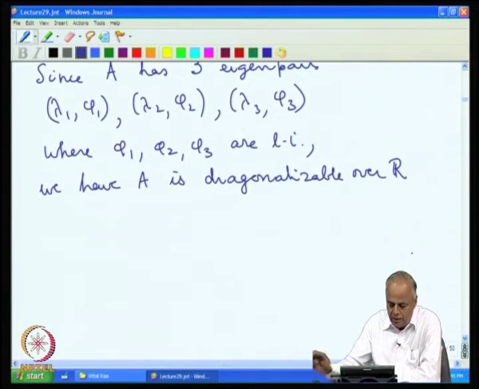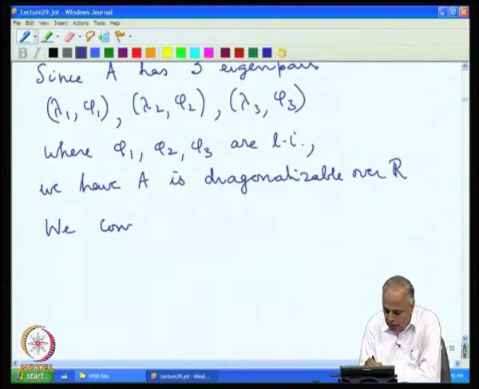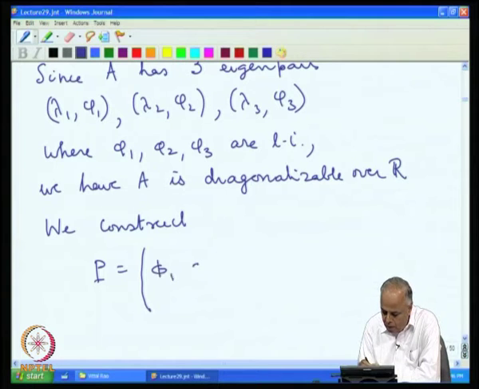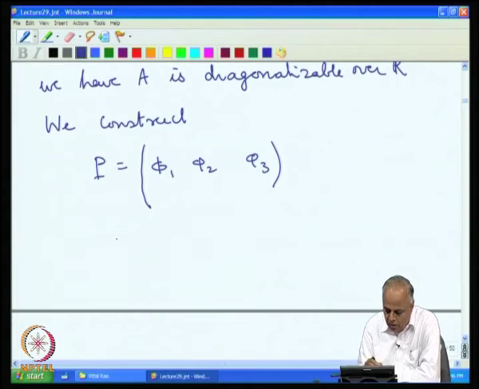What is the diagonalization process? We construct the matrix P as the matrix whose columns are these vectors phi 1, phi 2, phi 3. Phi 1 is 1 0 1, phi 2 is 0 1 1, and then phi 3 is 1 1 0.